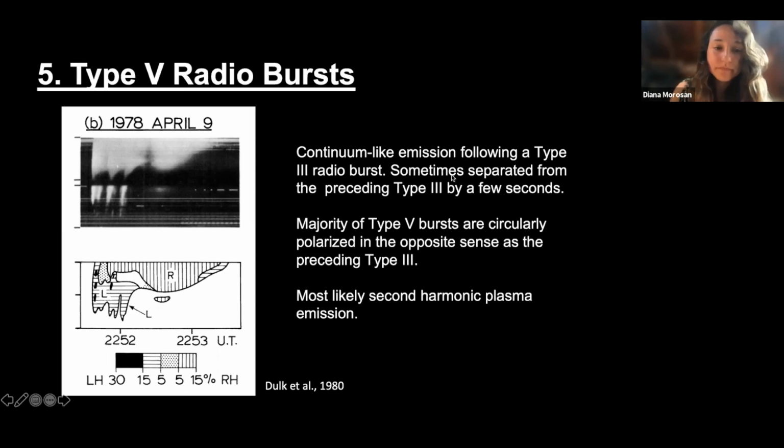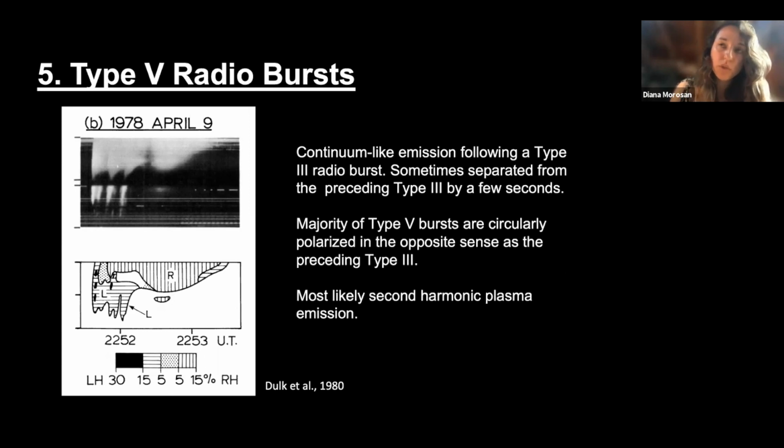Sometimes it's separated, so it's a continuum emission following type 3s or a group of type 3s, sometimes separated by a few seconds. One funny thing they found is that the majority of type 5 bursts are circularly polarized in an opposite sense. Type 3 bursts here are left-hand circularly polarized, type 5 bursts are right-hand circularly polarized. And they're most likely harmonic plasma emission. This is based on studies from the 80s.